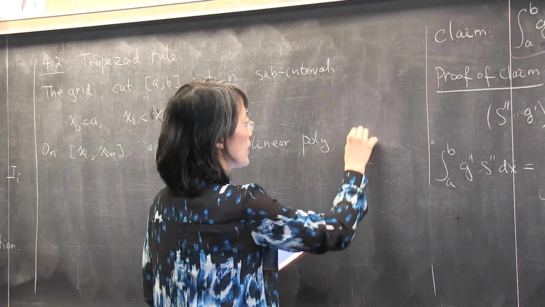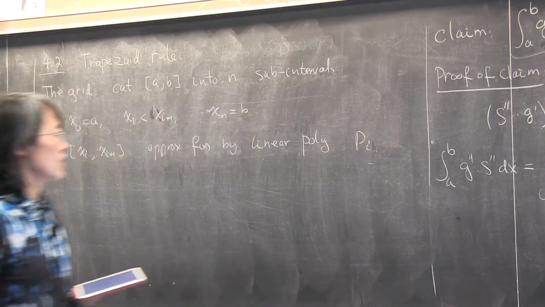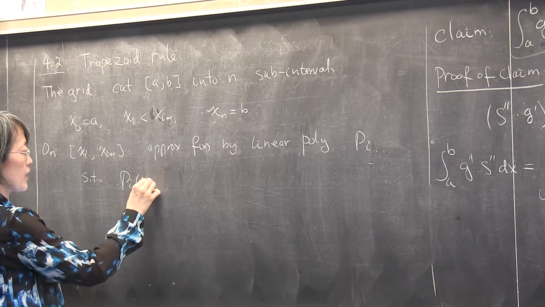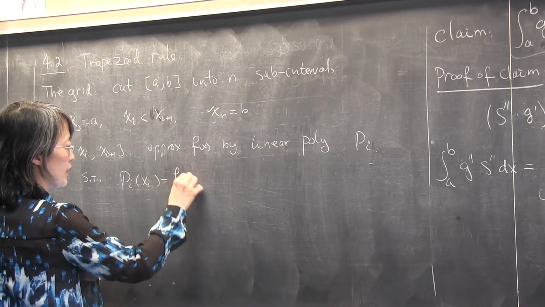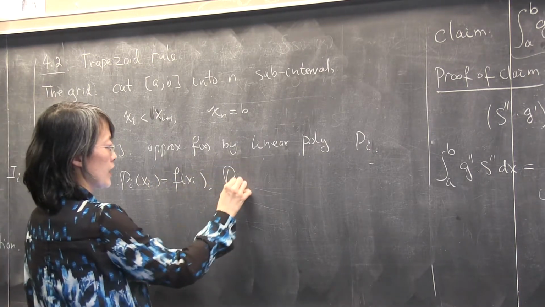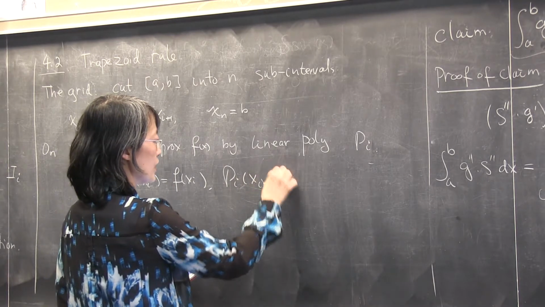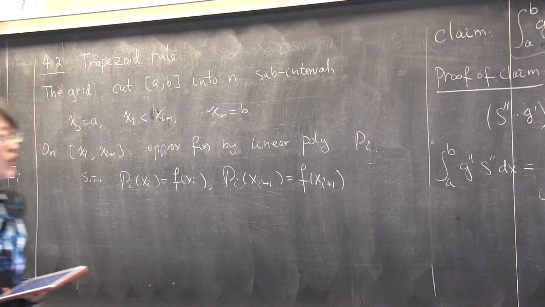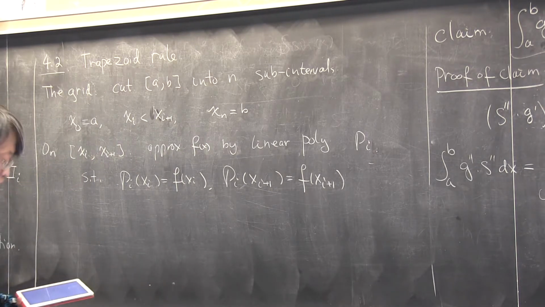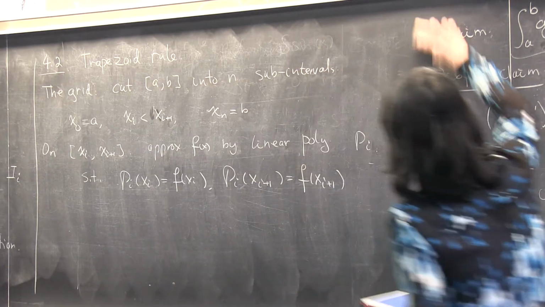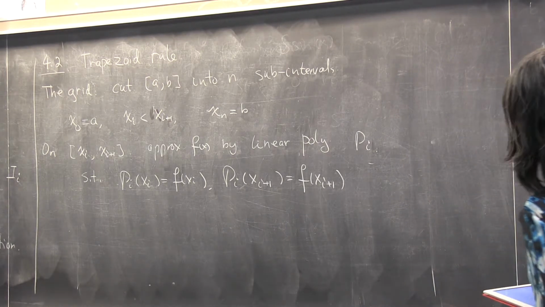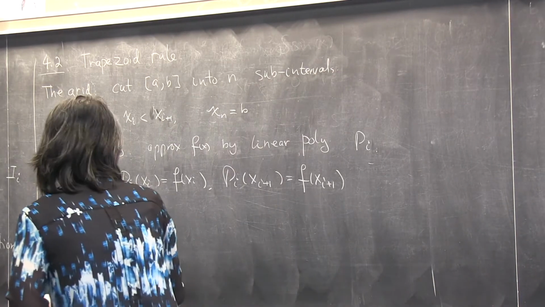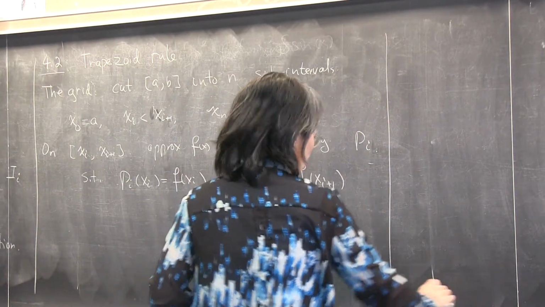Let's call it pi on this interval such that it interpolates, so pi at xi equals f at xi, and pi at xi plus 1 equals f at xi plus 1. It almost takes longer for me to write than just draw a picture and you see what it's doing. Formulas actually are heavier here, so let's draw a picture and see.